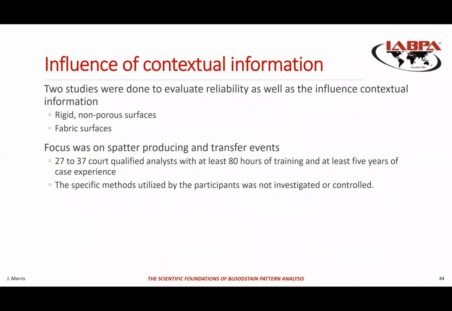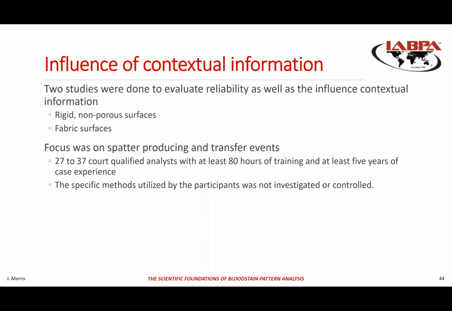There are two studies that address the role of contextual information and to determine if analysts can be negatively influenced by contextual information that is inaccurate. These two studies, one dealt with rigid, non-porous surfaces, another dealt with fabrics and clothing. The focus of these events was very limited: spatter-producing events and one transfer event.